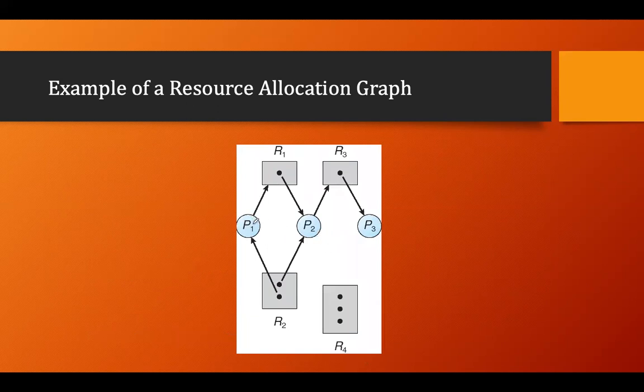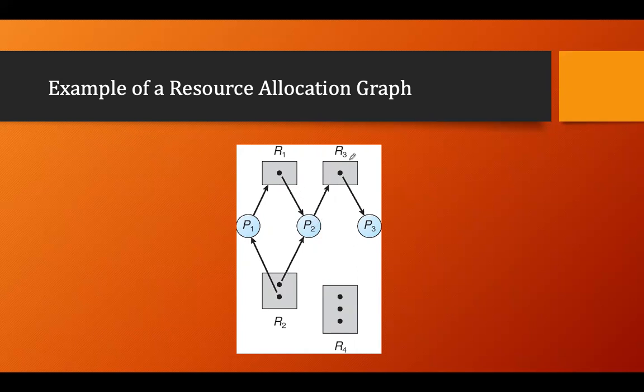Here you can understand that there is P1. So process 1 is requesting R1. R1 has only one instance, but R1, that is resource 1, is already allocated to P2. There is an instance of R2. R2 has 2 instances. One instance has been allocated to P1 and one instance is already allocated to P2.